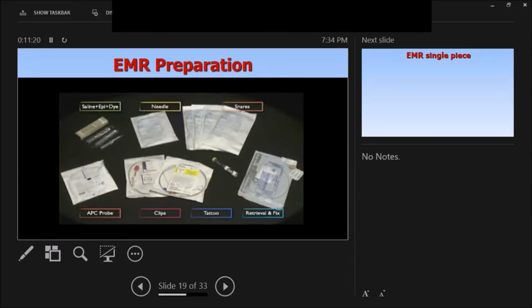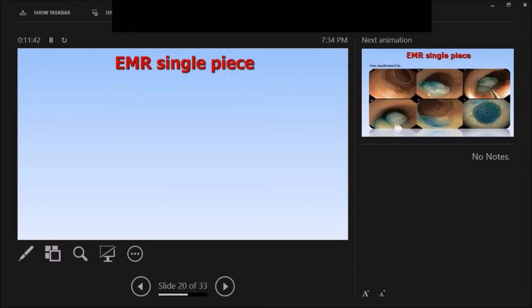We have equipment for EMR: saline, epinephrine, dye, needles, snares, APC (argon plasma coagulation), clips, tattoo. If you want to refer the patient to another tertiary center, also a retrieval basket or Roth net.